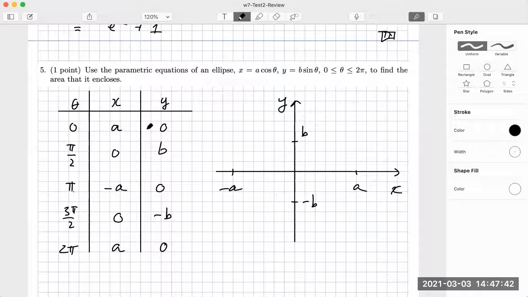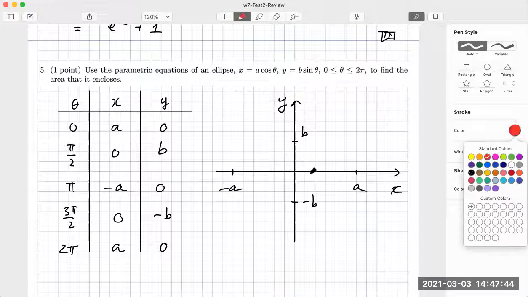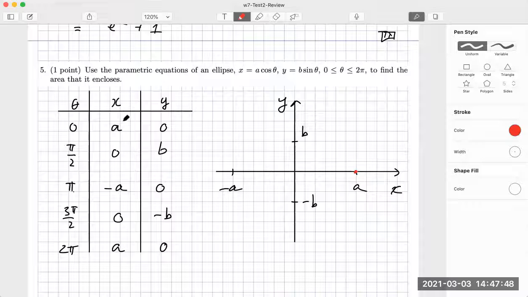Then the point (a, 0) will be this one. The point when theta is pi over 2 would be (0, b), which is this one. Then the next point would be (-a, 0), and then (0, -b). At theta equal to 2 pi, it goes back to (a, 0), this point here.